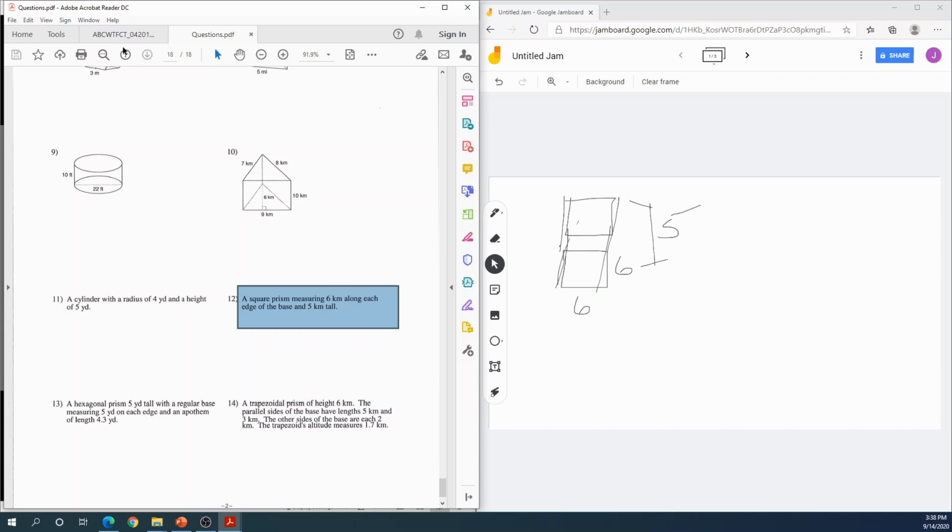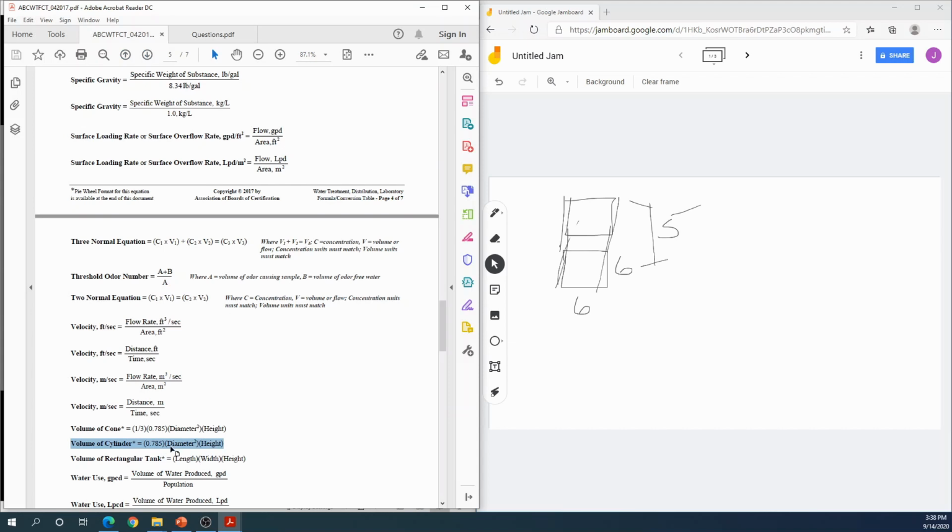So let's jump over and take a look at our cheat sheet. And we have the volume of a rectangular tank, which is what we have here. Volume is equal to length times the width times the height.